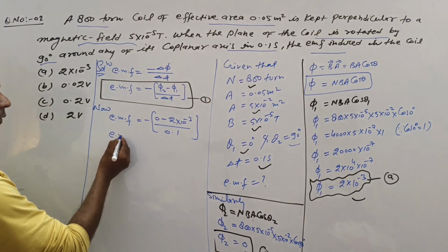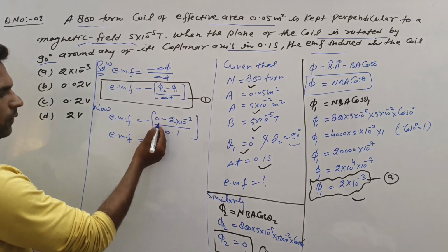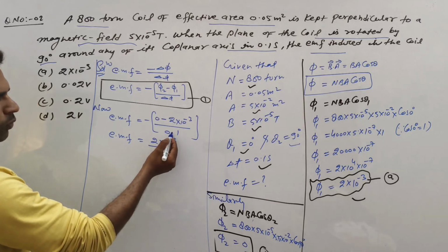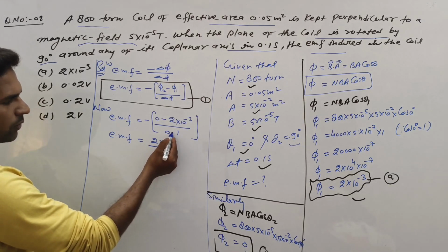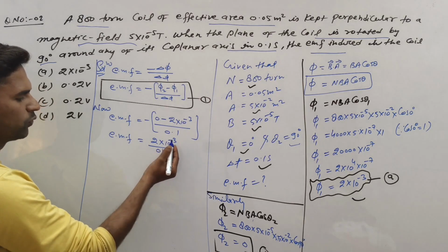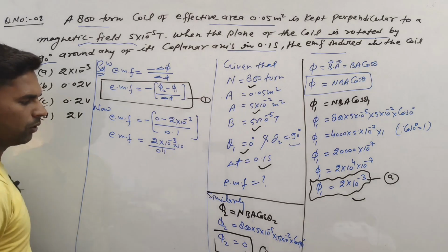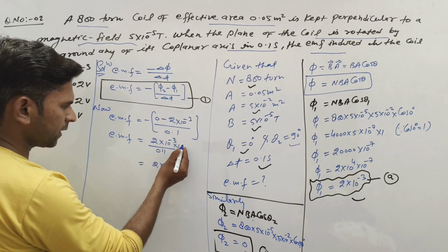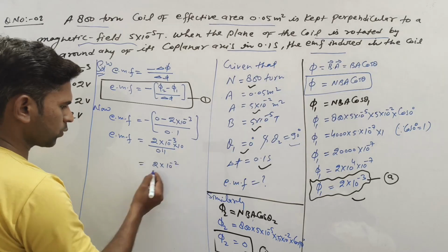Now the negative will become positive: 2 multiplied by 10 power minus 3. When you remove this decimal in 0.1, you can write 10 in the denominator. Now you can write 2 multiplied by 10 power minus 3 divided by 10 power minus 1, it will be 10 power minus 2.